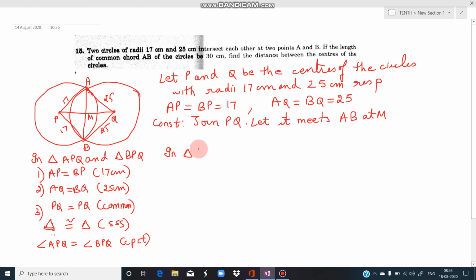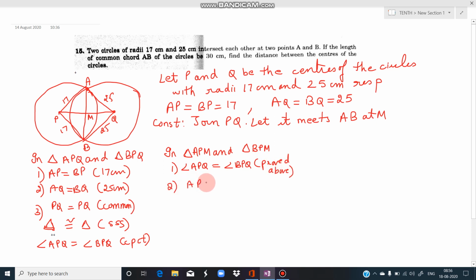Second congruency also we need because our main purpose is to prove that AM is perpendicular to PQ. So now I take the triangle APM and the triangle BPM. In these two triangles, first of all, angle APQ is equal to angle BPQ because just now we have proved above.